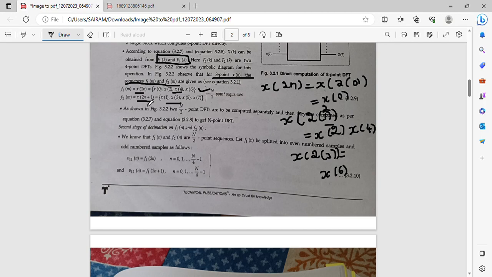And here if you try to substitute n in 2n plus 1, so what is x of 2n plus 1?